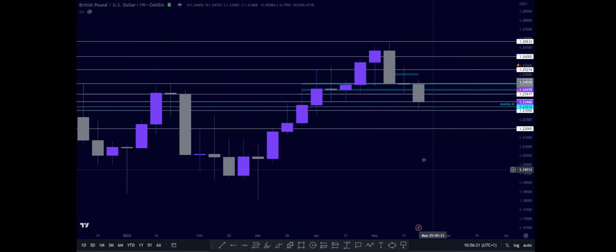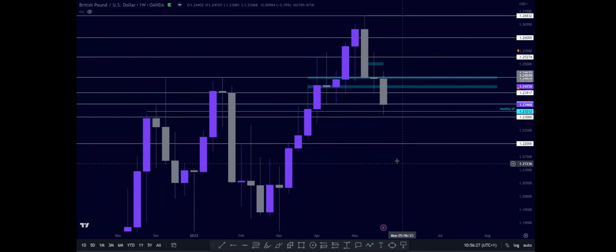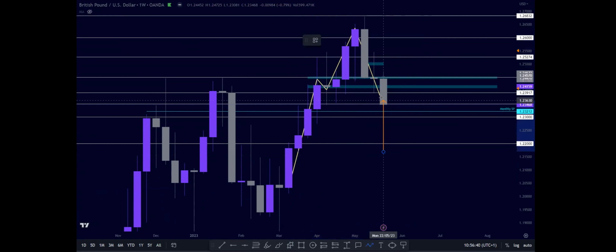So if we go down into the weekly, we're similar to gold. We're bullish on the monthly, but if we look on the weekly here, we have this pull back into this range, and price, as you can see, has made this higher low over here, come up, and then we've had this almost a bearish engulfer, which has brought price right back down, and we've not established support at 1.24250 area.